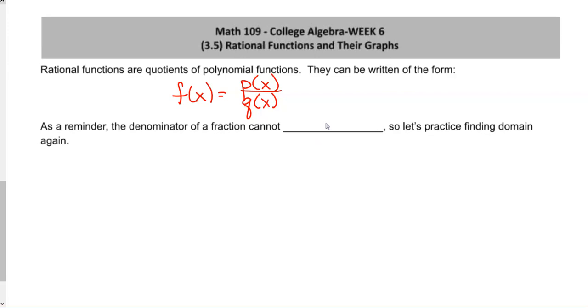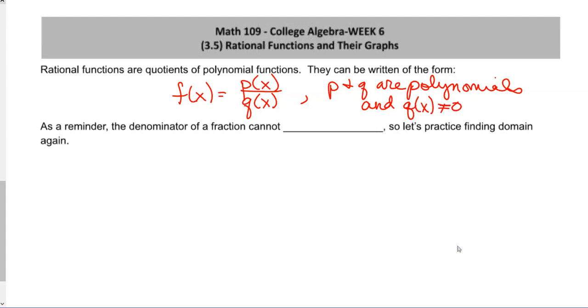But here we have to designate where P and Q are polynomials, and we have to make sure that we realize that Q of X is not equal to 0 because we cannot divide by 0. So, as a reminder, the denominator of a fraction cannot equal 0.